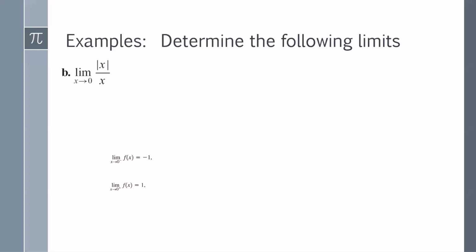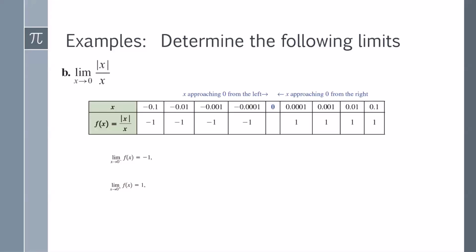Here's another one. The limit as x approaches 0 of absolute value x over x. We take a table of values, and for values of x a little bit smaller than 0, all the values look like they're at -1.